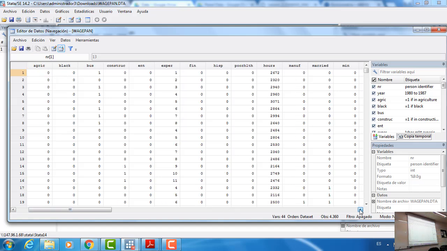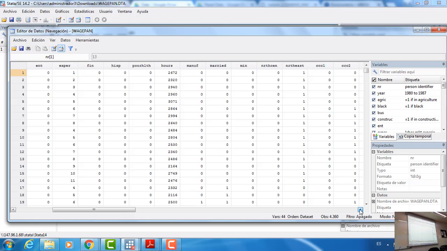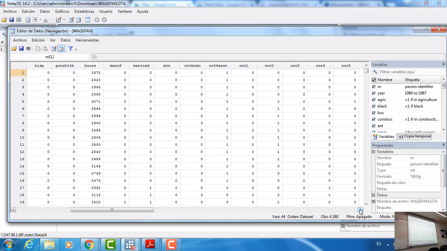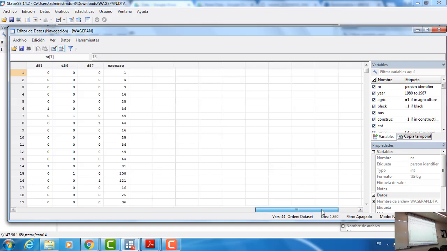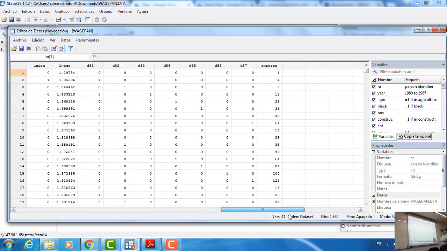We have many explanatory variables. We have hours, married, a lot of variables. The dependent variable is log wage. Then union is measuring whether he's working in a labor union or not. So those are the type of variables that we have.